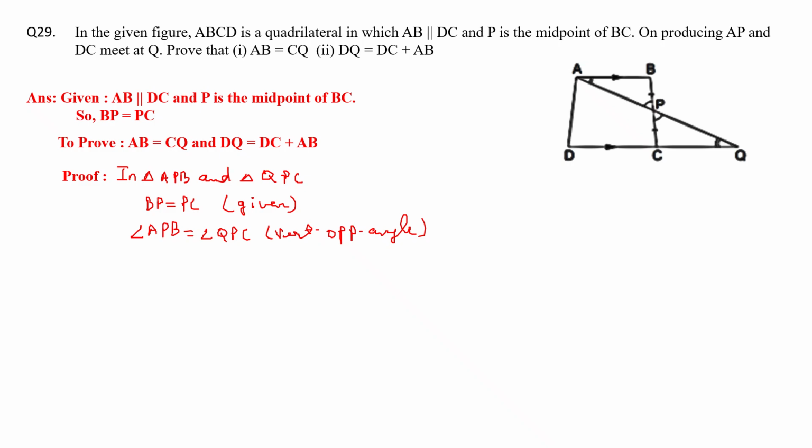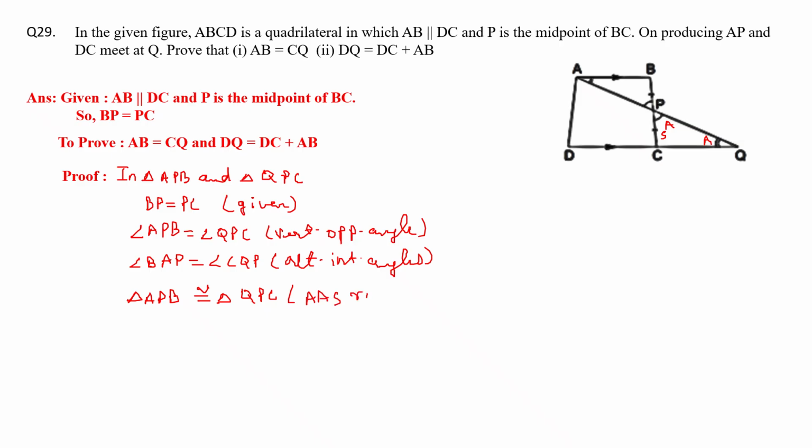So I will write from here, angle BAP is equal to angle CQP, and the reason will be alternate interior angles. So my triangles will be congruent using the AAS congruency criteria. So triangle APB is congruent to triangle QPC using the AAS rule.